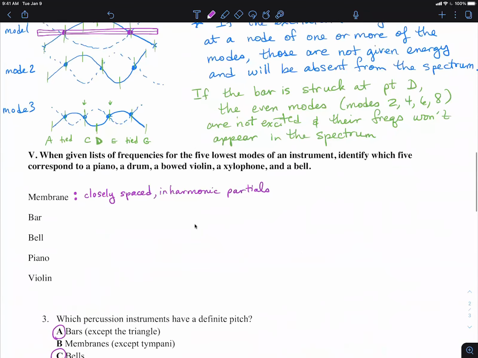Something perhaps like, we'll just start them all at 100 just for fun. Something like that, closely spaced inharmonic partials. For the bar instruments, they are widely spaced inharmonic partials.